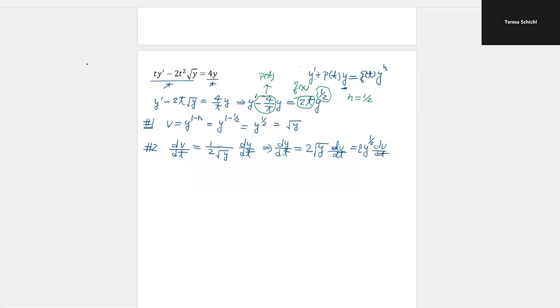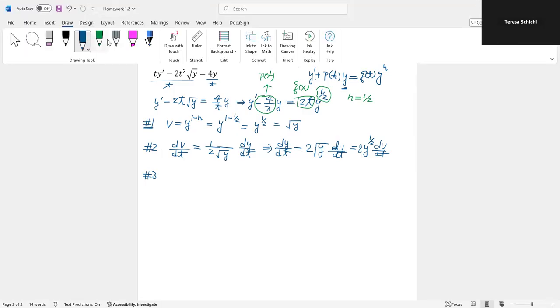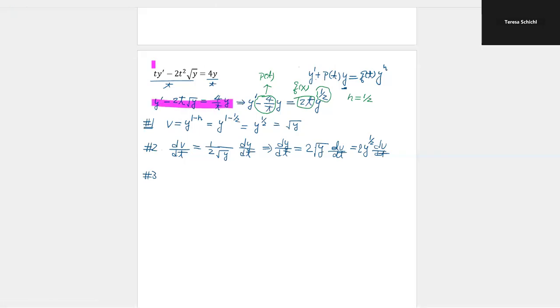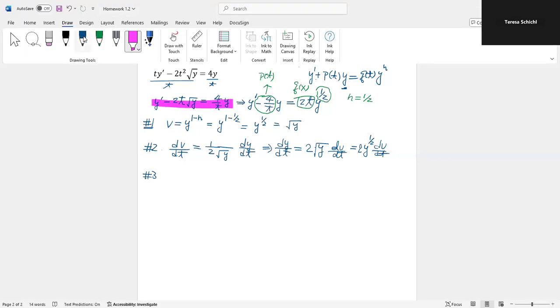Step number three is to replace dy/dt in your original function with dv/dt. This is my original function, so y prime is here.